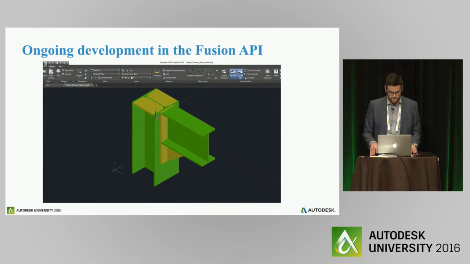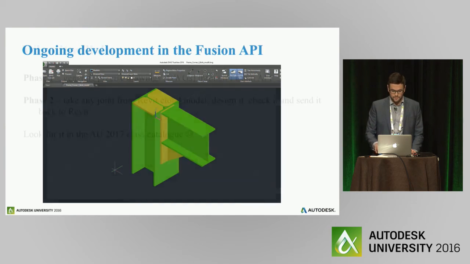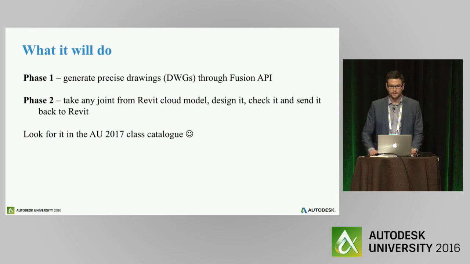This is the preview from 2 weeks ago when we took part in the Forge Accelerator in Munich, Germany, and the first joint sent to the Fusion API of the Forge, which is a pilot project to link this technology with cloud models of Revit, etc. So we will gradually do more things with this.